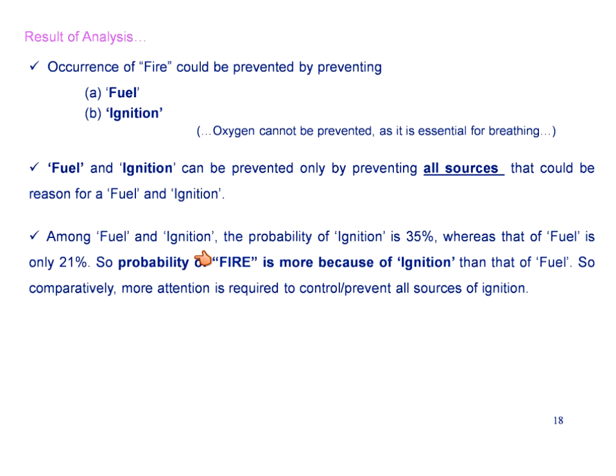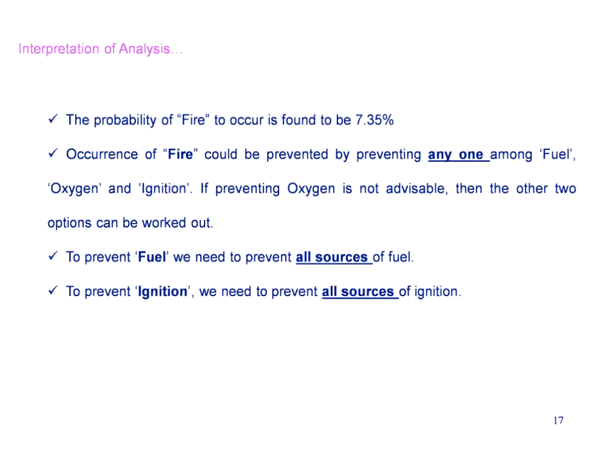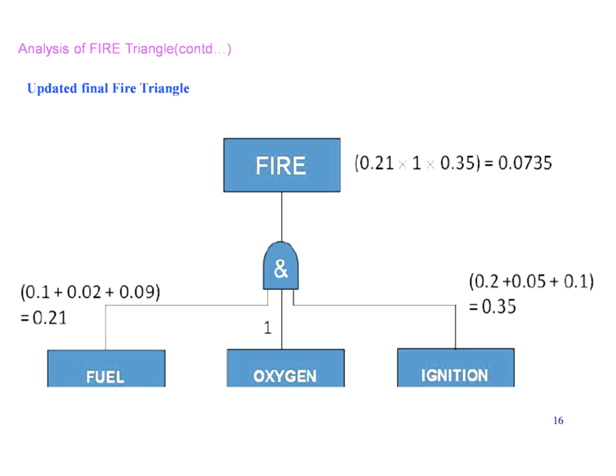Okay. So among fuel and ignition, the probability of ignition is 35%, more, whereas that of fuel is only 21%. You can see this from the fault tree diagram. You see, the probability of fuel is only 21%, but the probability of ignition is 35%.